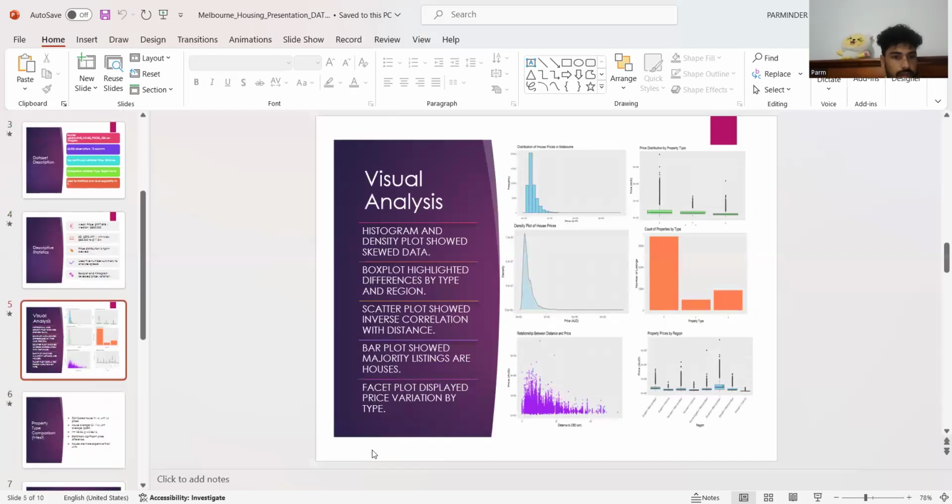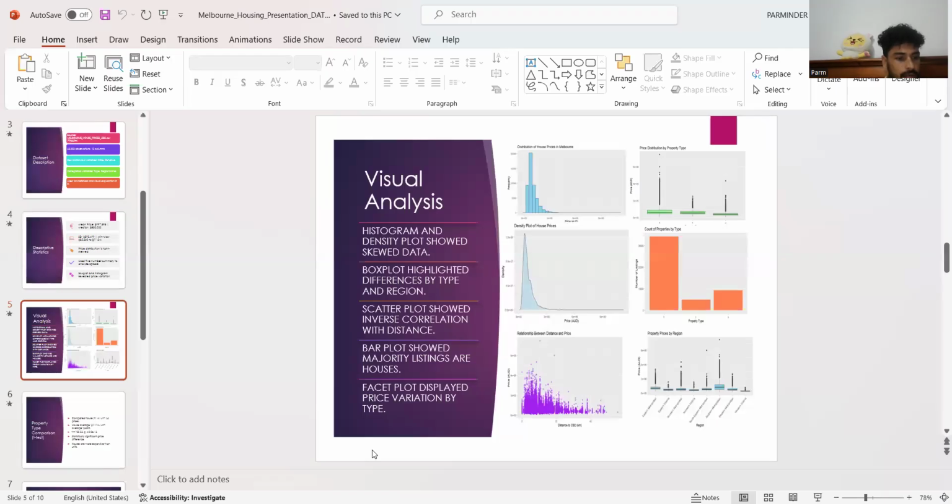Let's move further to the next slide, which is visual analysis. Multiple visualizations were created to enhance understanding. A histogram and a density plot clearly demonstrated the skewed nature of the price distribution. Most properties were concentrated below AUD 1.5 million, with a small number of high-value homes skewing the data rightward.